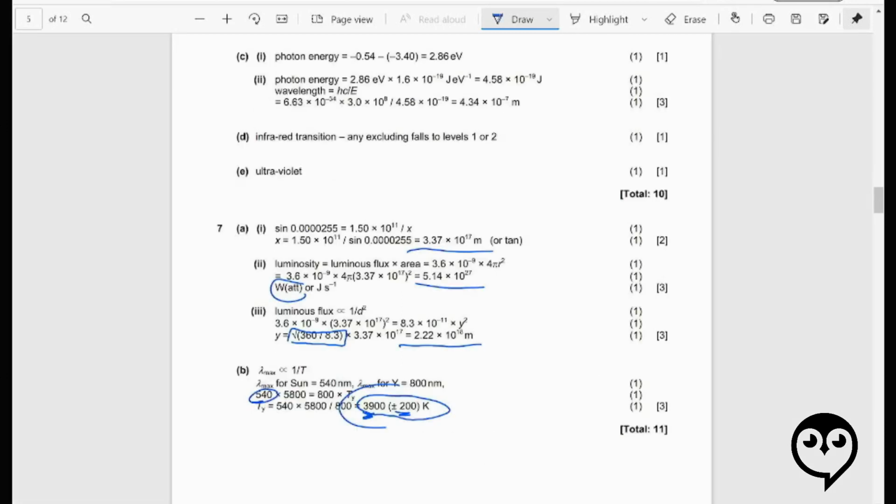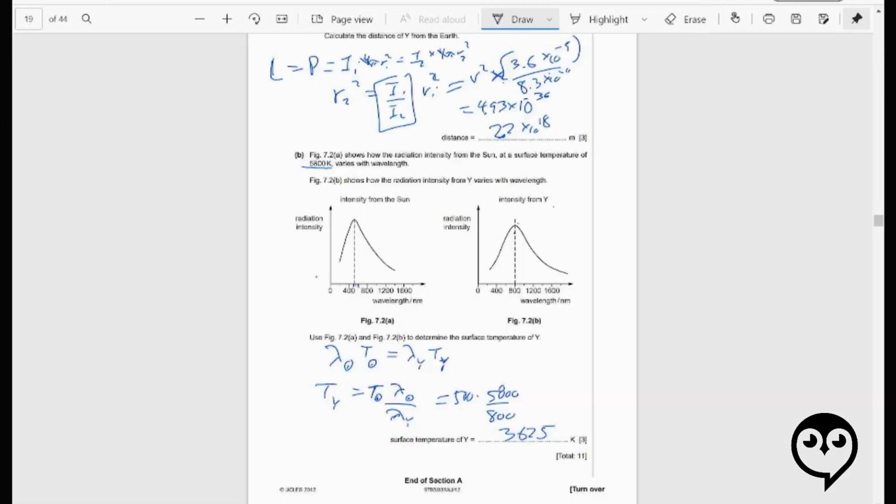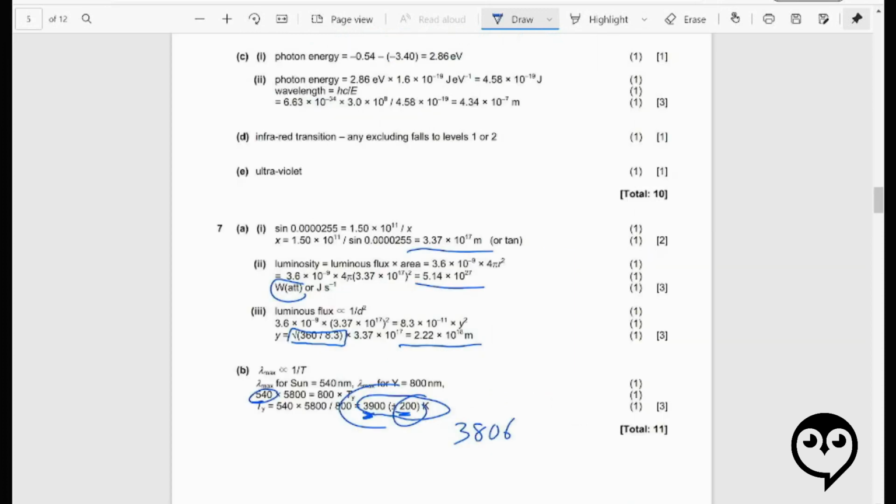They say 540. 525, as I said, put me at 3,806. I would have been within the plus or minus 200. Definitely you can't say that that's 500. It's somewhere above. So lesson learned on that one.